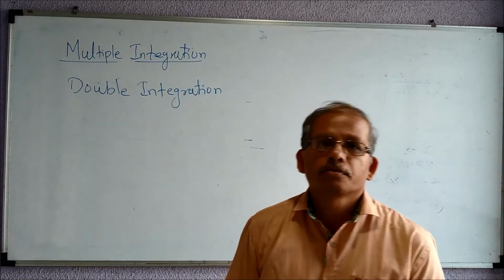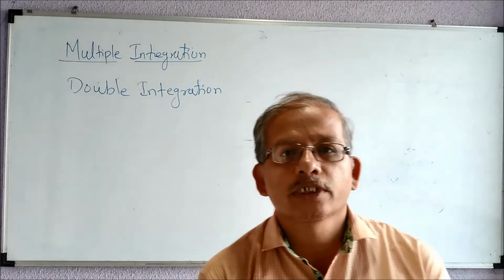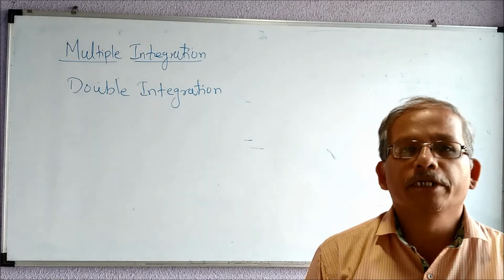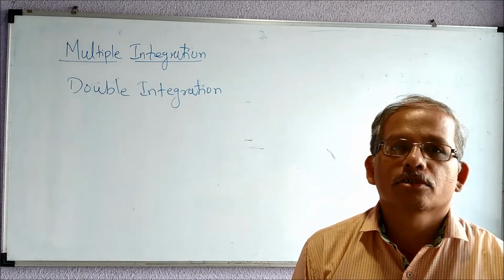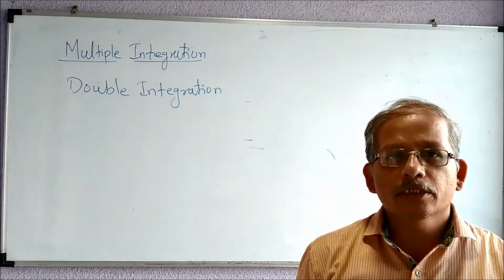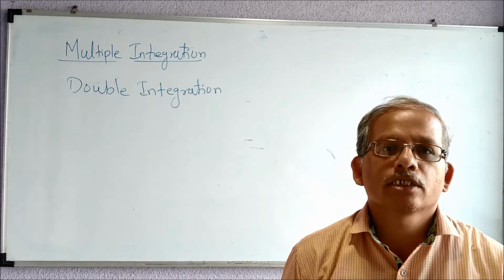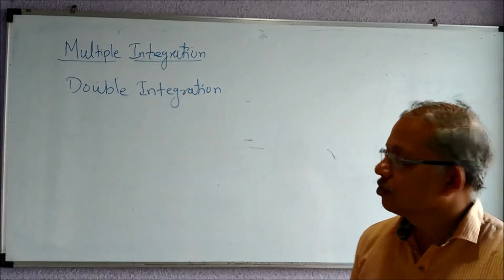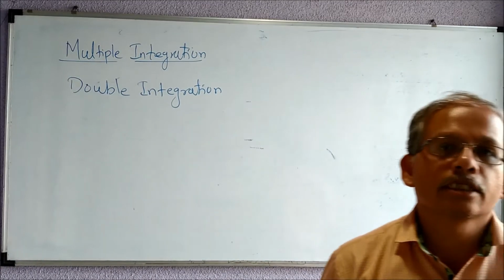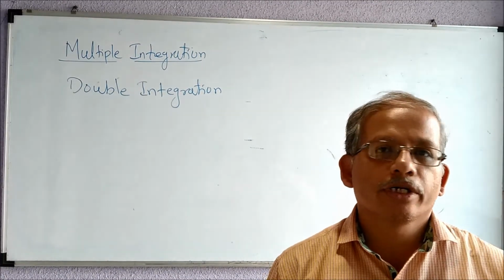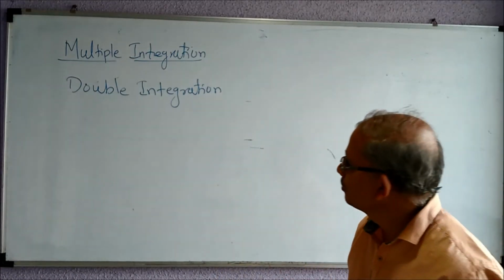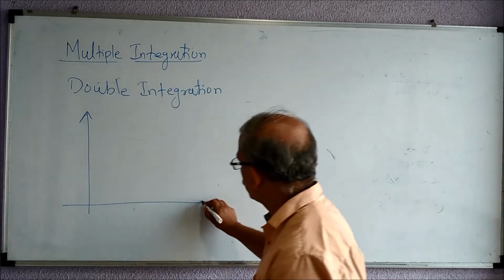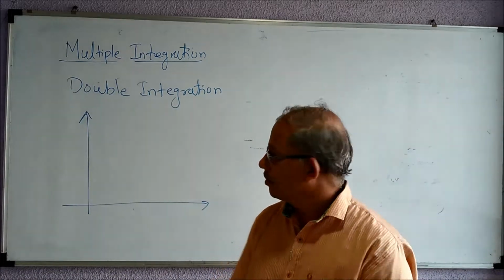First of all, we should understand the geometrical interpretation of double integration. I'll explain this as a generalization of single integration. Single definite integration you have already understood, so I'll take a geometrical interpretation of it.